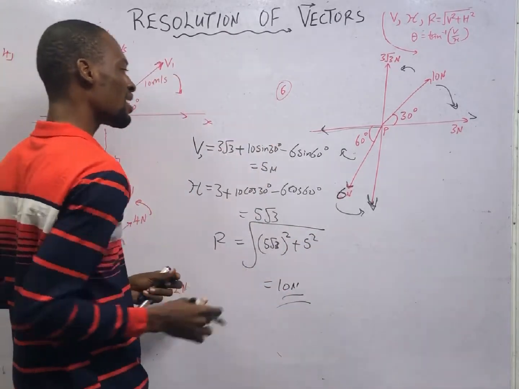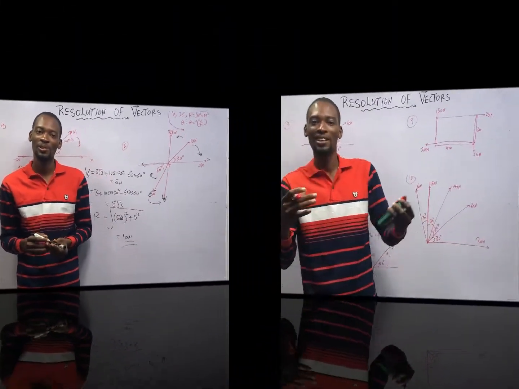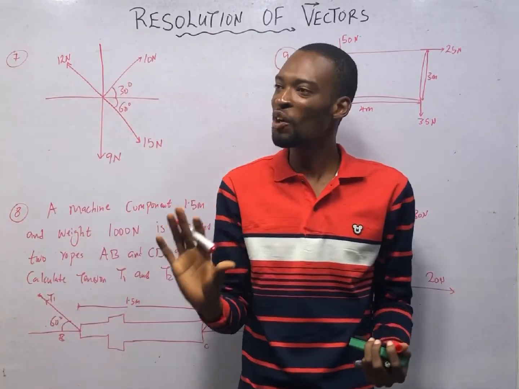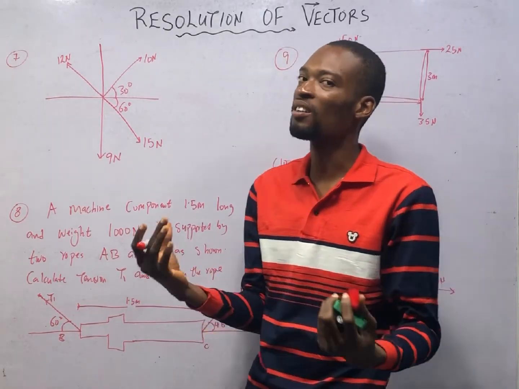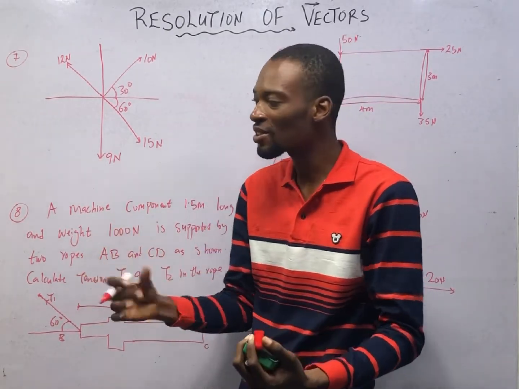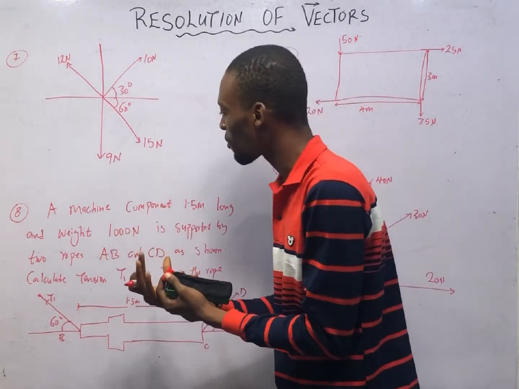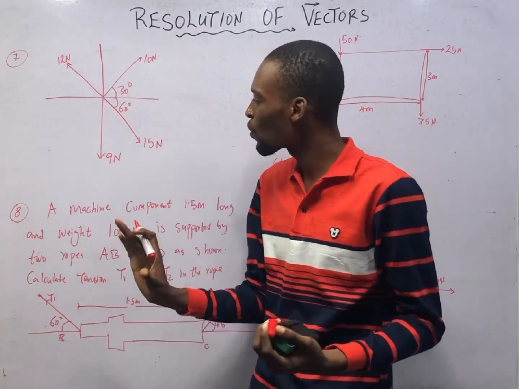If you got something else or you have issues with the calculation, let me know. Now, the problem most persons have when it comes to resolution of vectors is not punching calculator. It is not finding magnitude. It is not even finding direction. It is simply knowing the vertical and horizontal components, knowing how to resolve into horizontal and vertical components.